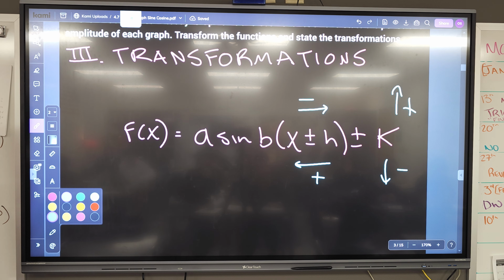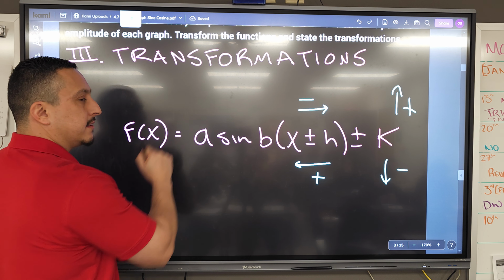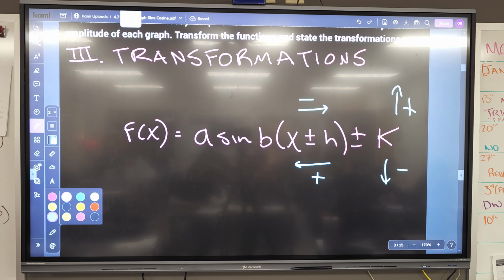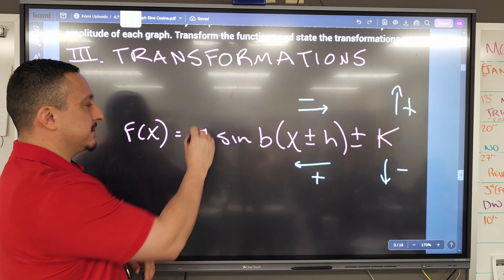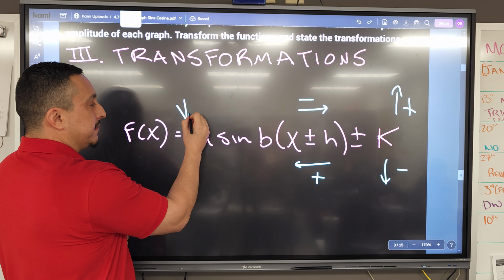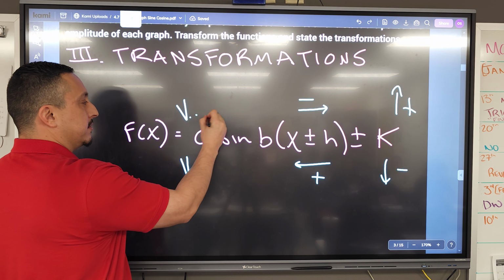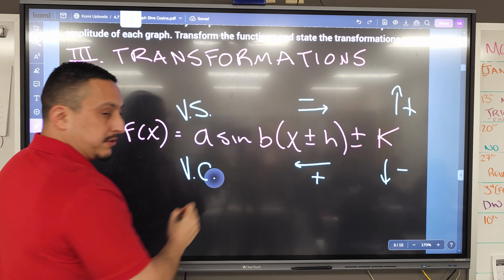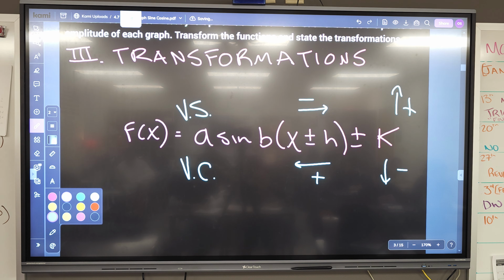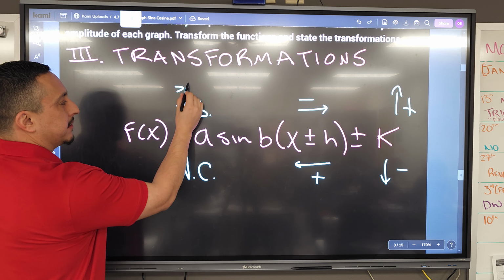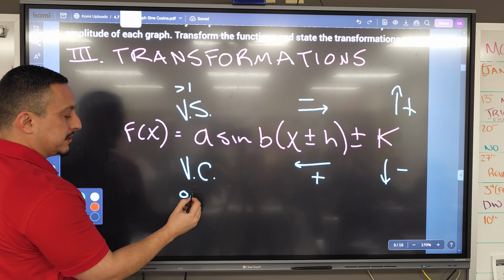Okay. The a is still, you remember? Yeah, how big? So stretch, and more specifically, vertical. Okay, vertical stretch, vertical compress. Okay. Just a reminder, this is when it's bigger than 1. This is when it's between 0 and 1.